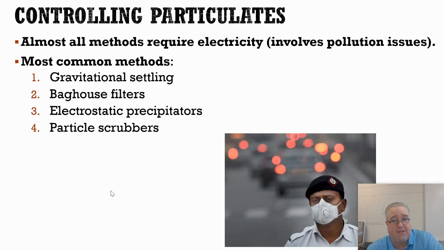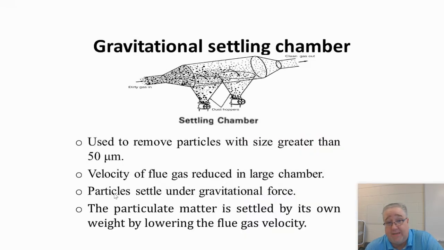Because on the AP exam, if they perchance ask you to describe a method of controlling particulate matter in the air, any one of these things would work. Again, I would say get familiar with maybe 2 of them. But you have to be able to describe it in detail.